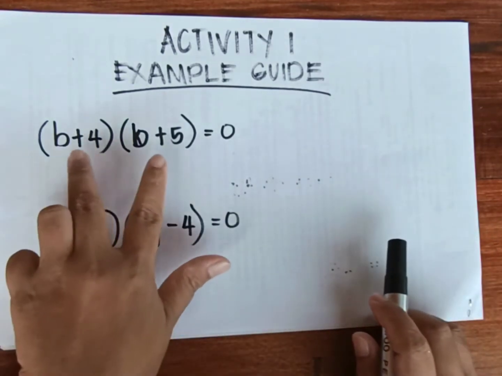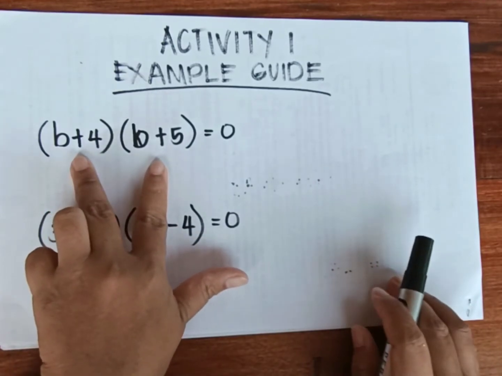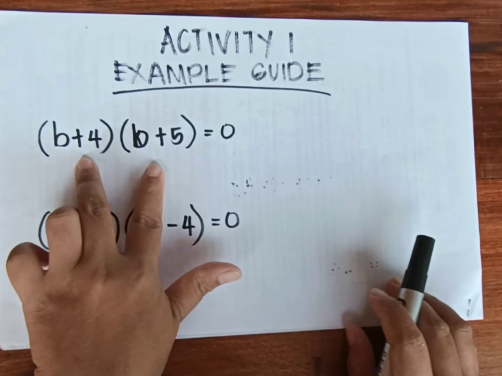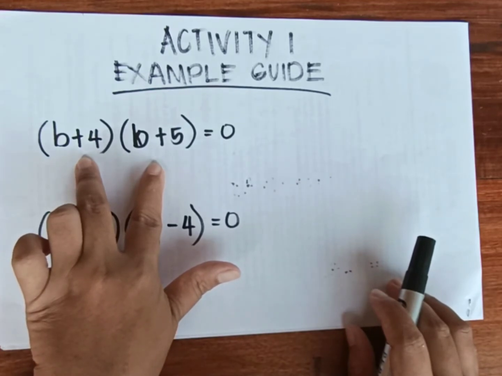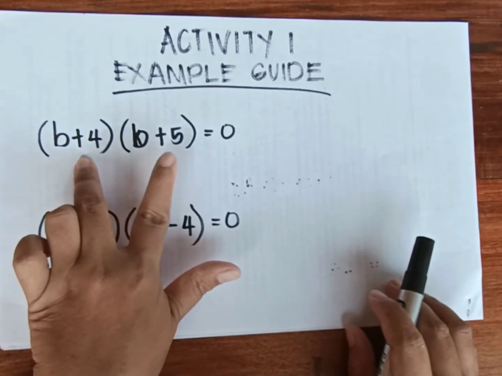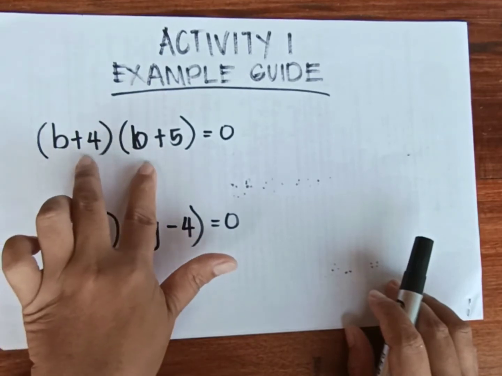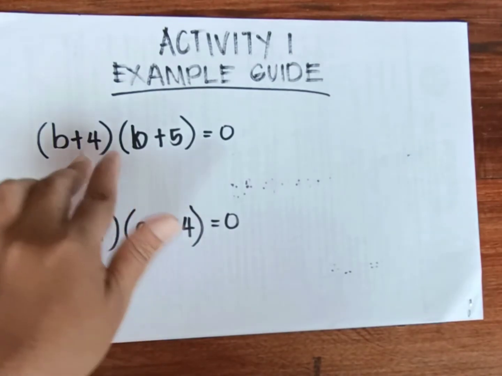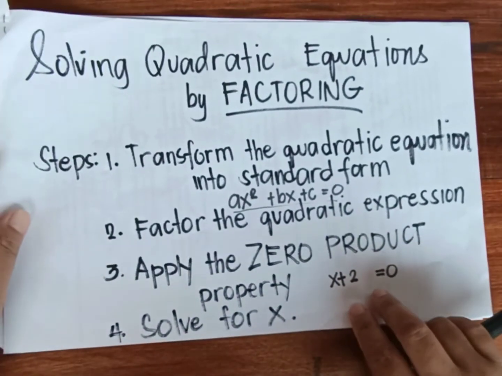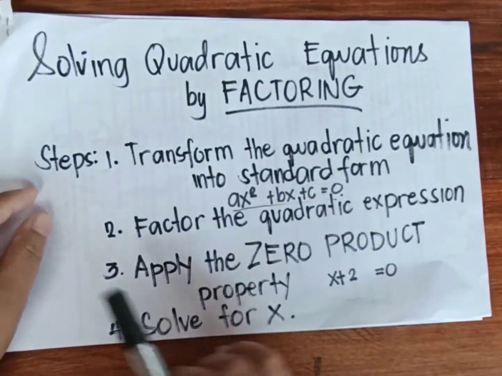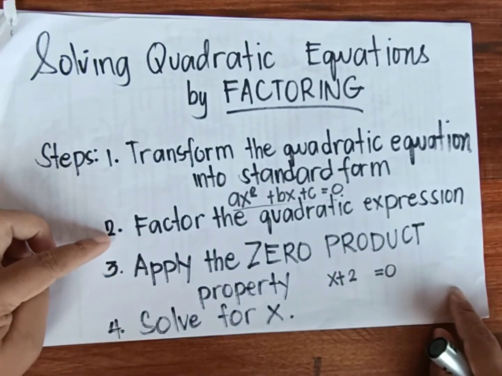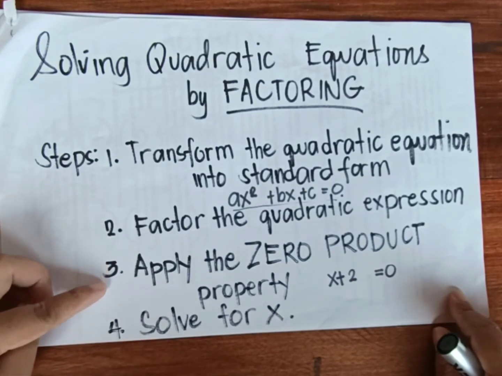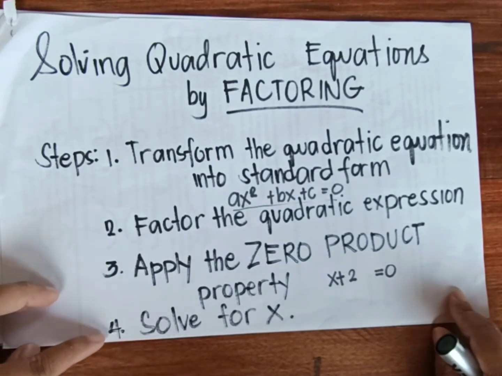So, in your activity 1, the quadratic equation is already in factored form. So, you already have 2 factors given. So, therefore, in the steps, let's go back to the steps. We are already at step 2. It starts at step 2. So, therefore, what you will apply is just step 3 and step 4.